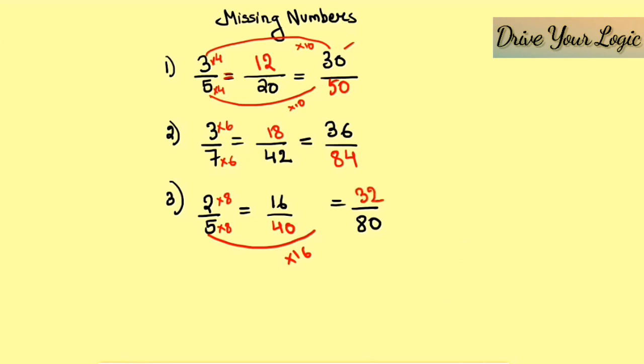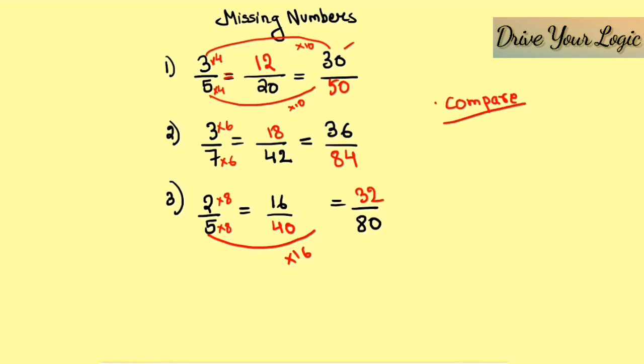So that's your answer. In this video, we have seen how to find equivalent fractions, that is, comparing numbers. First we have seen how to compare fractions. And here we have seen how to find the missing numerator or denominator of a fraction using the same comparing concept.